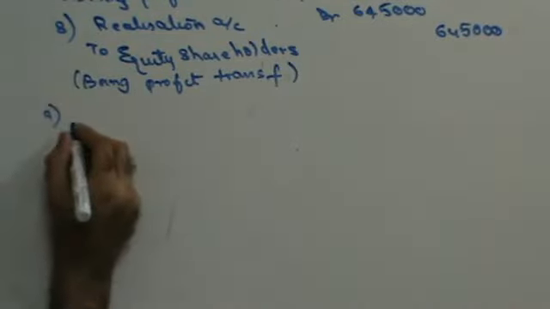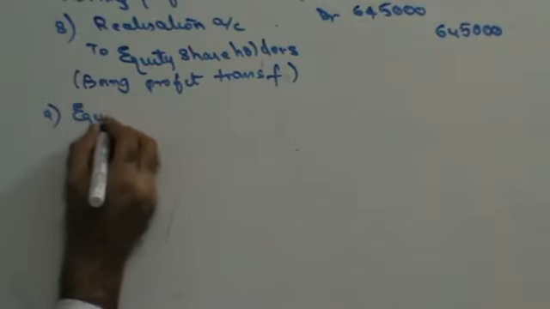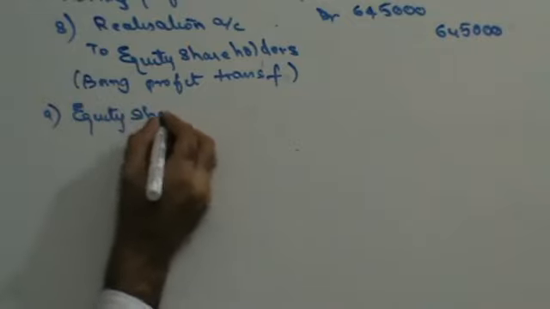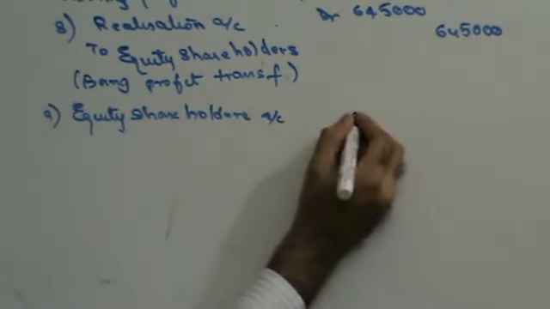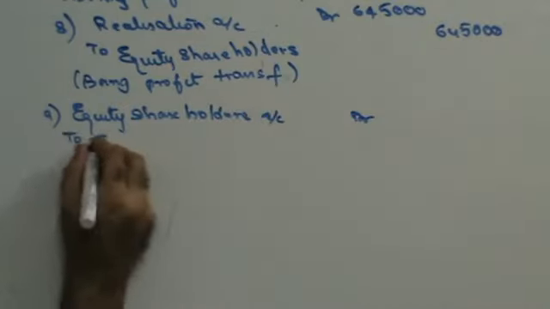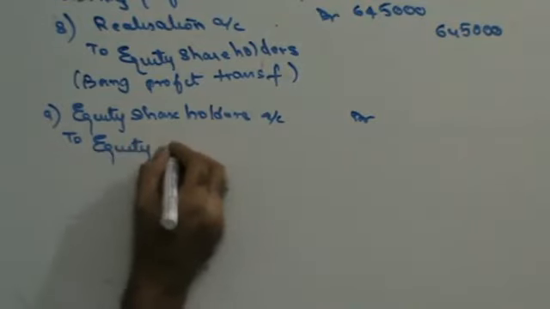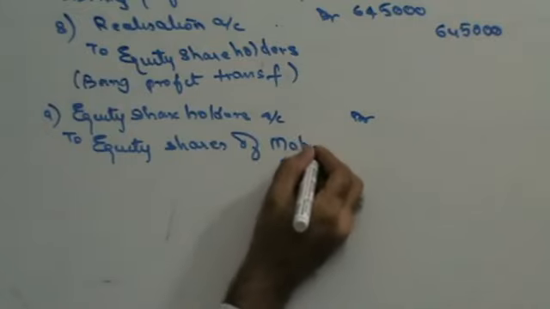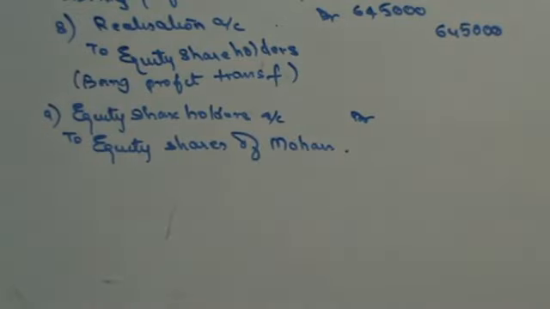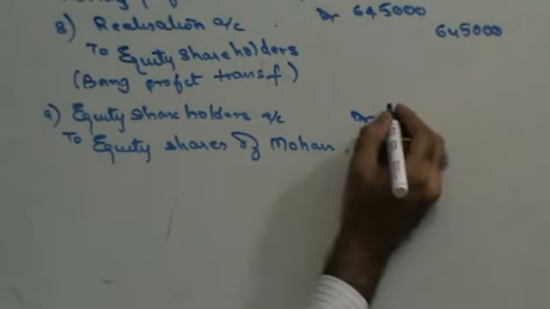Right. Next, pay the equity shareholders. Equity shareholders account debit to equity shares of Mohan Limited, which is going to be nothing but 4,20,000.